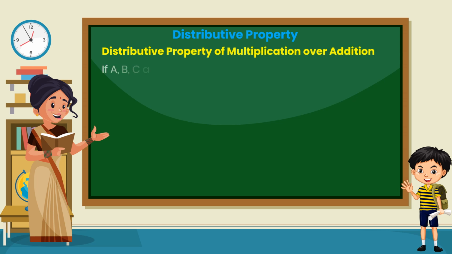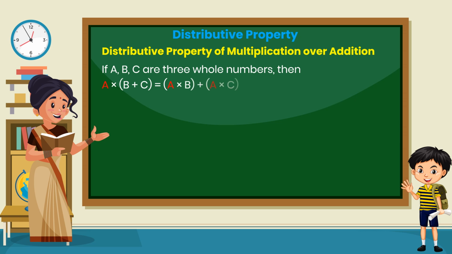If A, B, C are three whole numbers, then A multiplied by (B plus C) equals A multiplied by B plus A multiplied by C. Example 1. 4 multiplied by (2 plus 3) equals 4 multiplied by 2 plus 4 multiplied by 3.